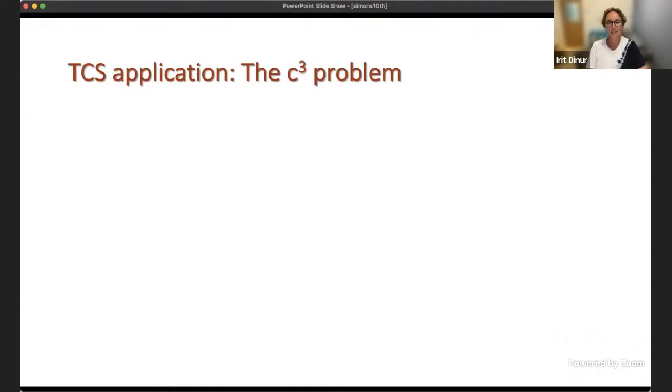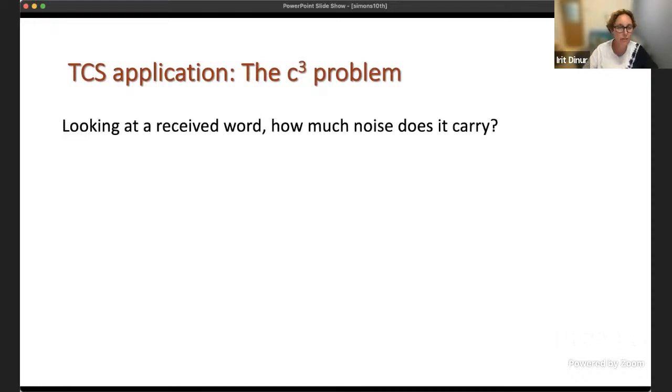Okay, so my last topic that I want to talk about is the C cubed problem. This was really on our minds when we wrote the proposal for the summer cluster, and it's the following question. If you have an error correcting code and you have a received word, it's a good question to ask, can I tell how much noise happened to this word?